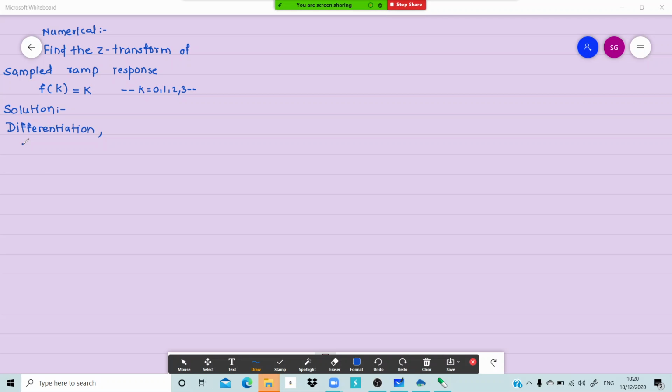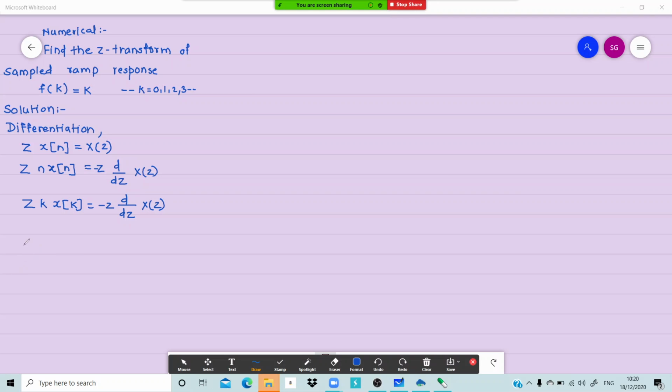What does the property say? If Z transform of x of n is equal to X of z, then if you multiply this by n, that is equal to minus z d/dz of X of z. Now our variable over here is not n, it is k, so I'll write k x of k is equal to minus z d/dz of X of z. Right? We are going to use this.